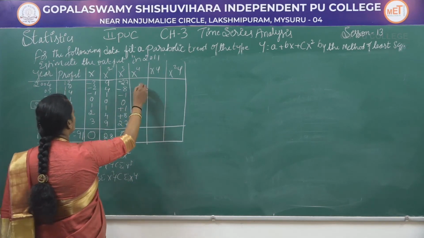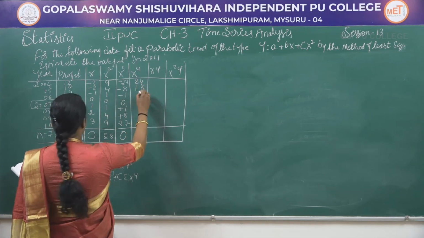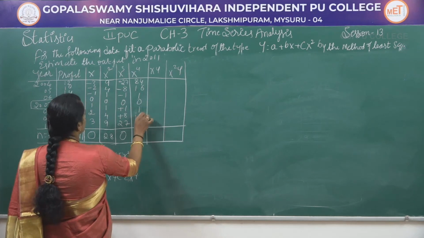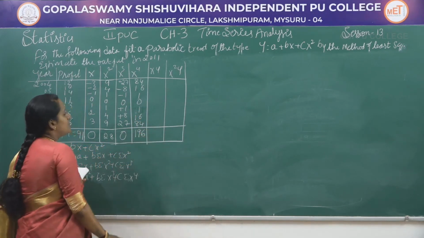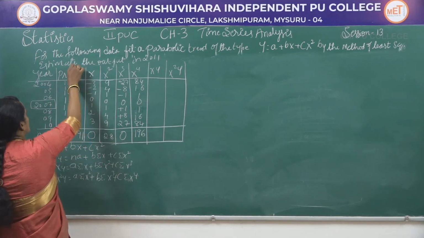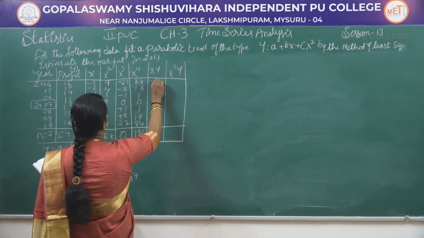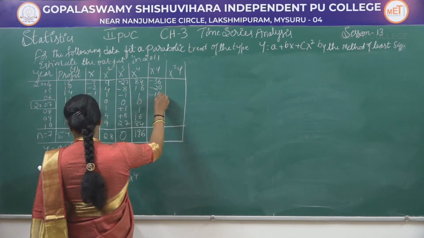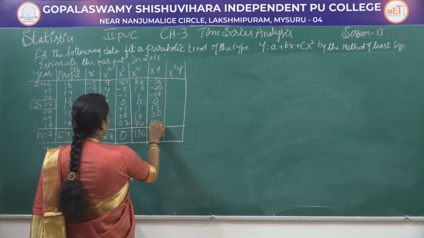Next x power 4: 81, 16, 1, 0, 1, 16, 81, and this total is 196. So the last two columns will be different. X into y, we have to take, so I'll write the readings: minus 36, minus 20, minus 14, 0, 13, 30, 48.